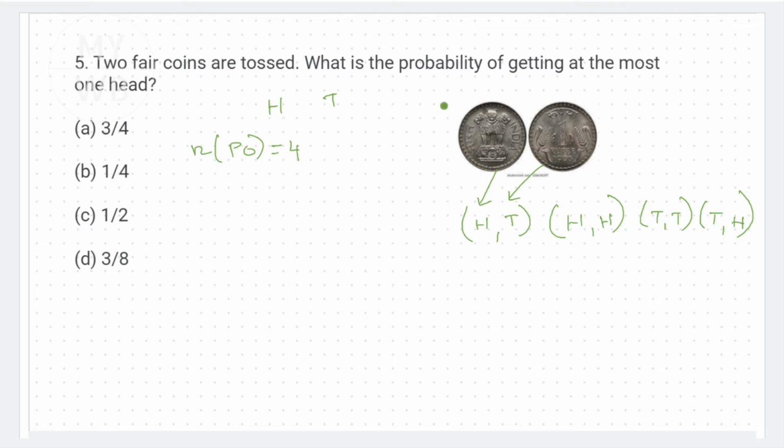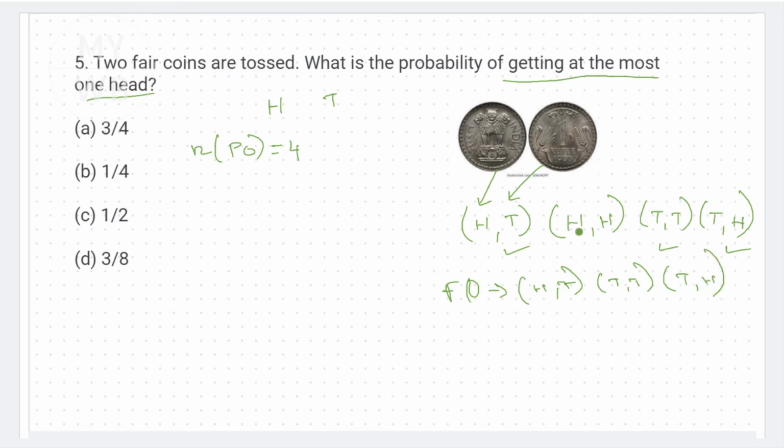We need to find probability of getting at the most one head, which means there can be no head at all, which is this one, or there can be one head, this and this. So the favorable outcomes here are head and a tail, both tails, and tail and a head.